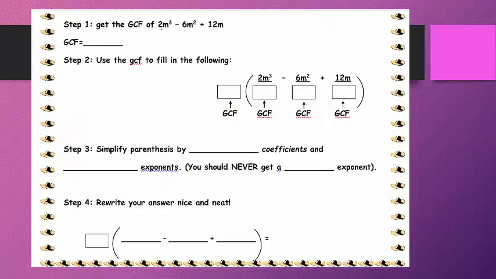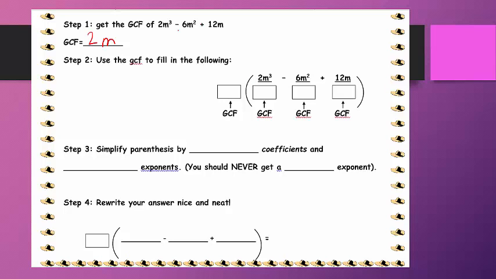The first thing you need to do with any polynomial is figure out your GCF. Between 2, 6, and 12, you can take out 2 at the most. Now, if you look at your m's, you have m cubed, m squared, and m. You can at most take out an m from every item. So 2m is your GCF.